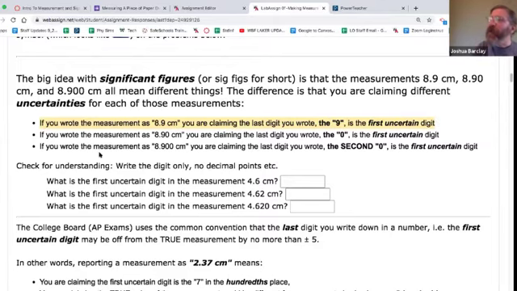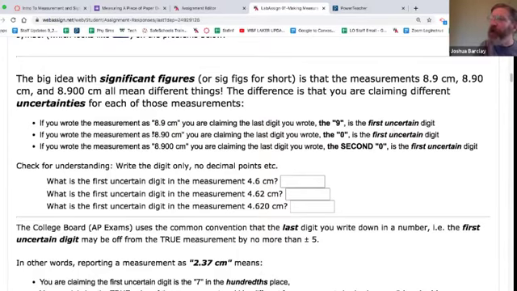If you wrote it, however, as 8.90 centimeters, you are saying something totally different. And this is the important part to get. When you say 8.90 centimeters, the last digit you wrote, this 0, you are claiming that the 0 is the first uncertain digit.